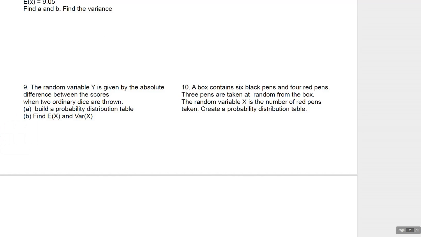So if I go 1, 2, 3, 4, 5, 6 and 1, 2, 3, 4, 5, 6. What's 1 minus 1? 0. What's 2 minus 1? 1. 3 minus 1? 2. 3, 4, 5, right? What's 1 minus 2? -1, but we're going to write 1 because it's the absolute value.